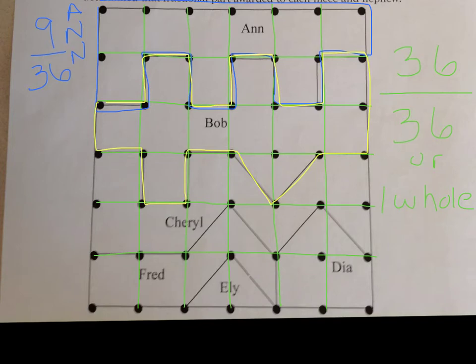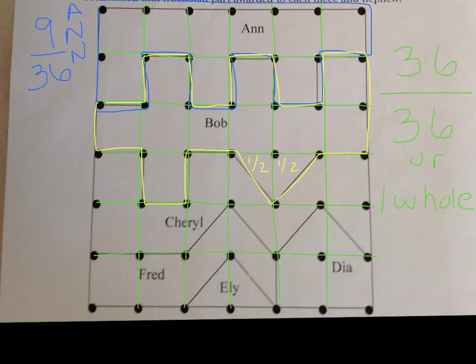So instead of one of these squares, which I consider to be one whole, so all of these are one whole, these 2 areas right here, I'm going to be considering to be halves. So I know that I can have 1/2 here and 1/2 here.